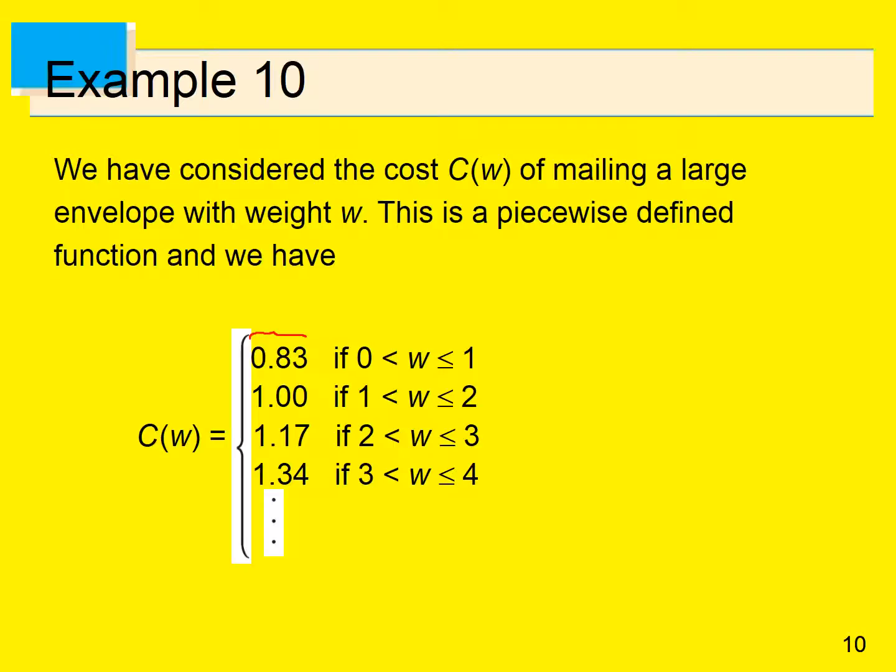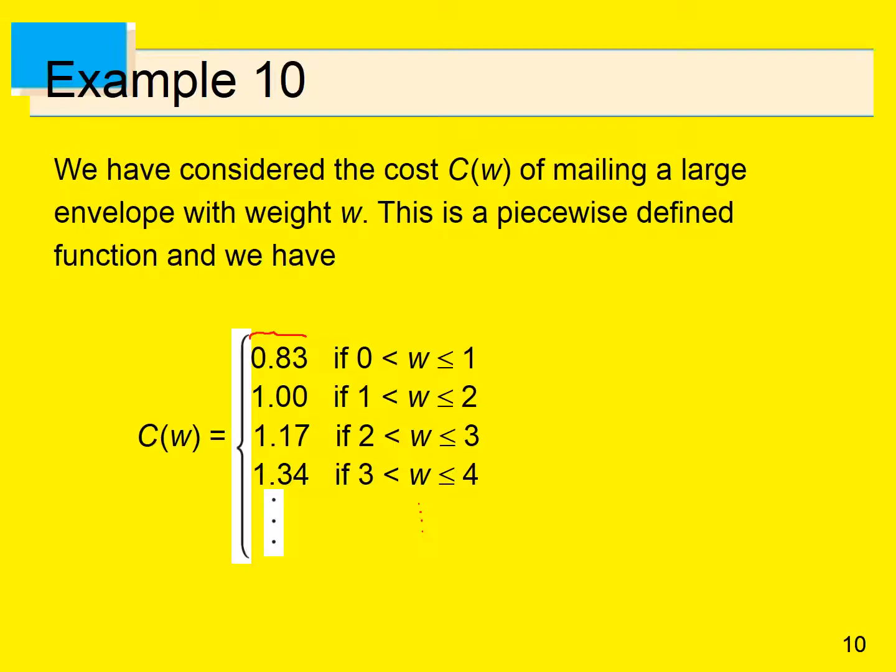How many are there? Well, you've got different rules for different weights of envelopes. Between 0 and 1 ounce, between 1 and 2 ounces, 2 and 3 ounces, and so forth. I suppose this rule would hold up to 16 ounces, but who knows?